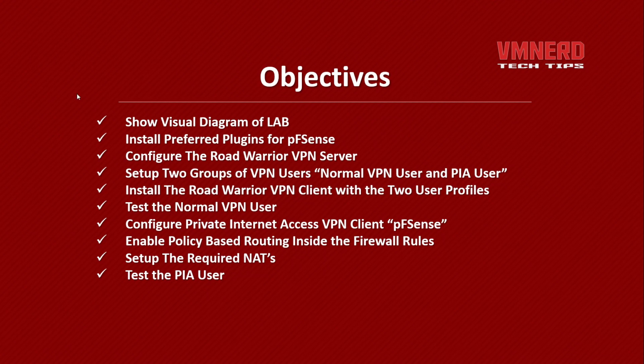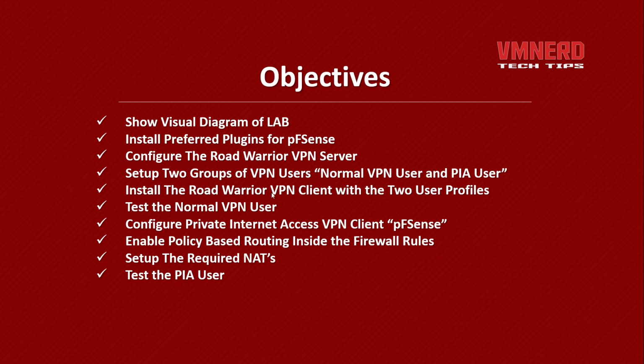Okay, so we walked through our visual diagram of our lab. We did install a preferred plugin. The plugin was related to the export of the VPN configuration for our Road Warriors. We configured our Road Warrior VPN server. We set up 2 users, a normal VPN user and a PIA user.